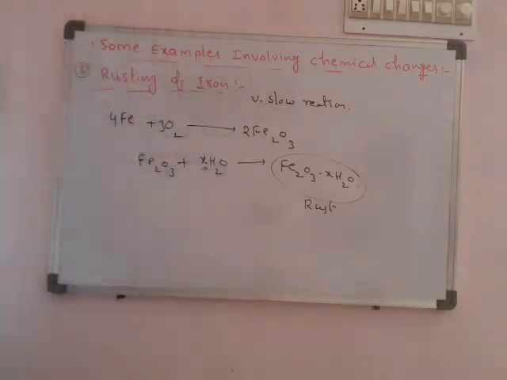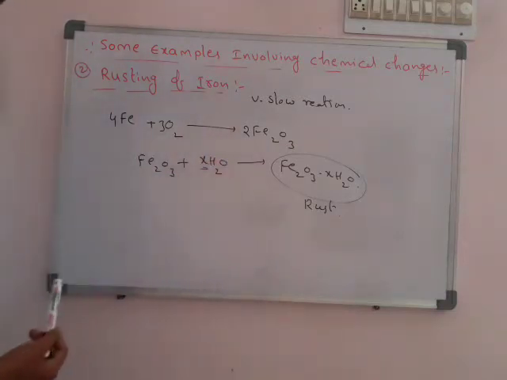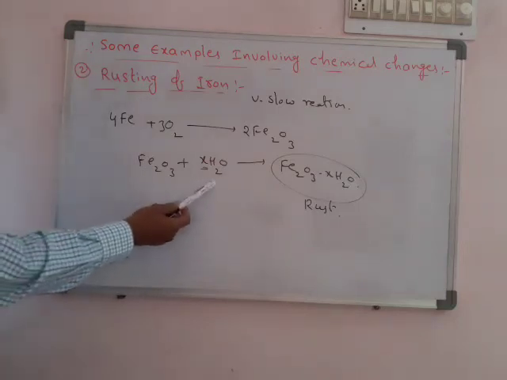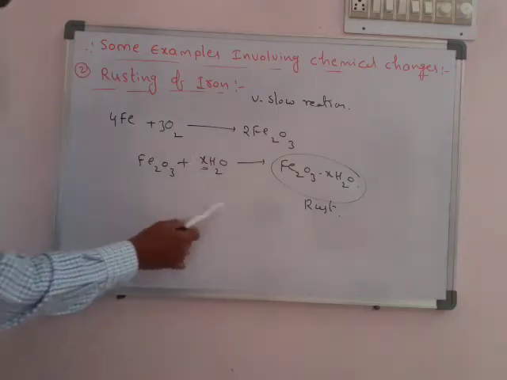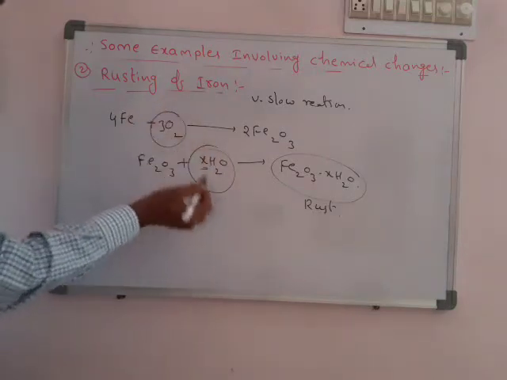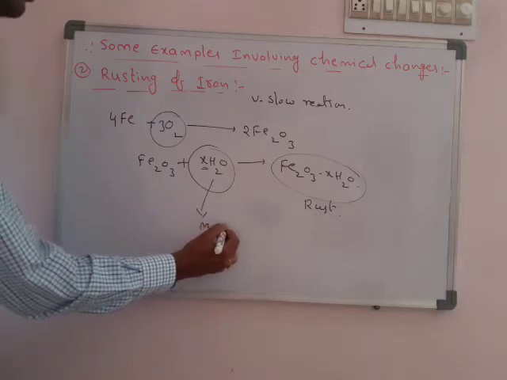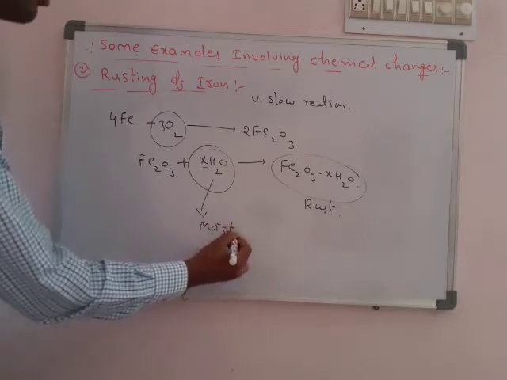It happens due to the reaction of iron with oxygen, so ferric oxide is formed. The ferric oxide combines with water. Where do they get the water? They get oxygen from air, and also the moisture of air.